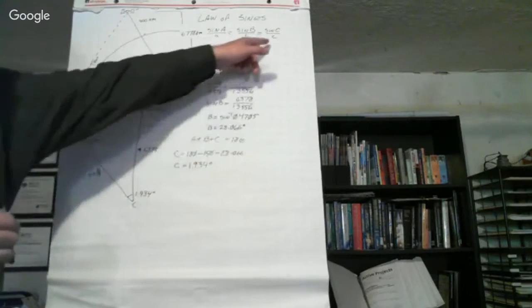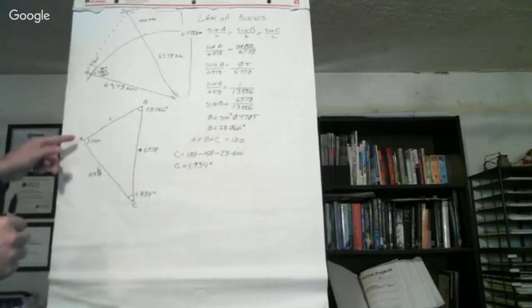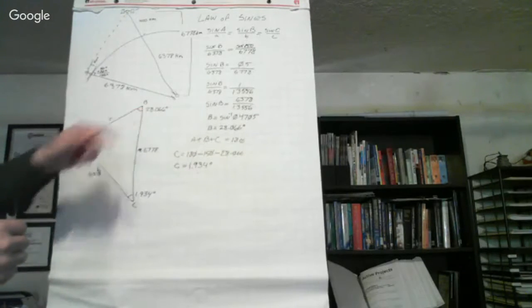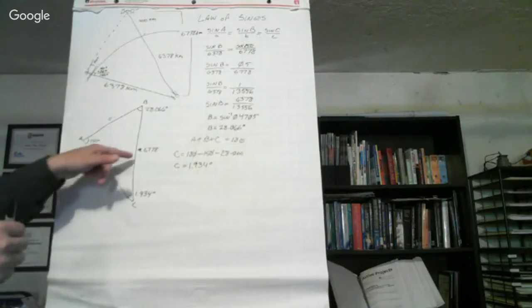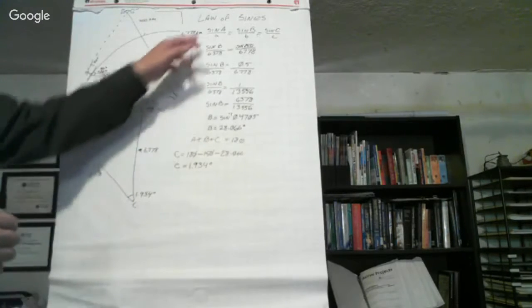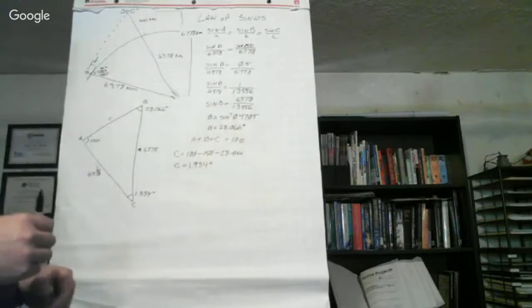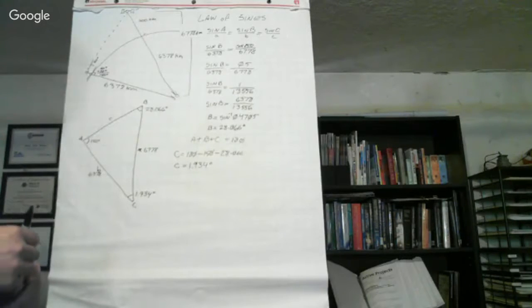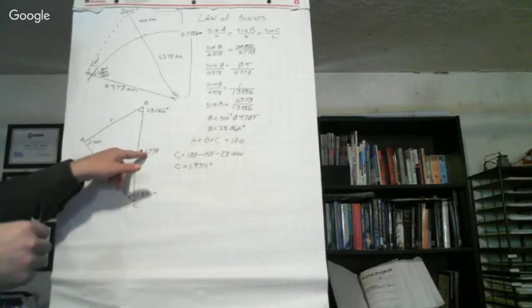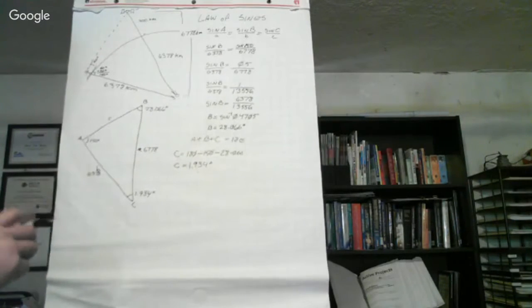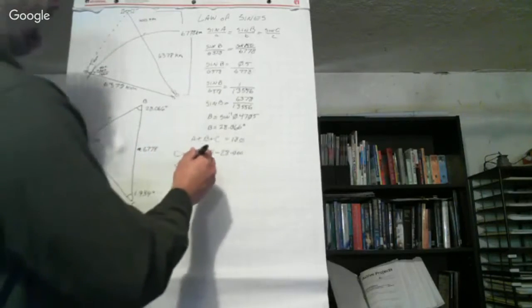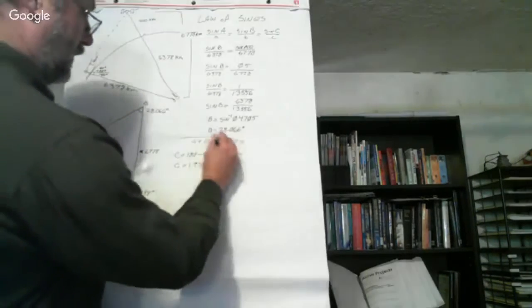So therefore we can get the ratio. We also know the angles A and B, and we also know the segment length of B and A. So we could use any one of these. But let's use the one with the largest number, that being segment A. So, law of sides, and we'll go ahead and put a line here.